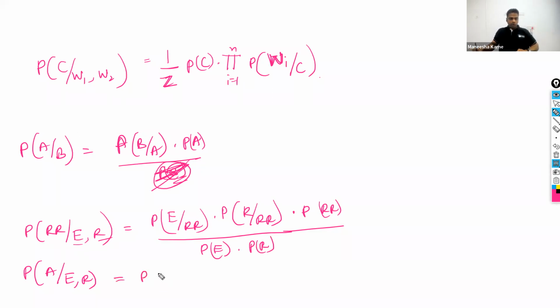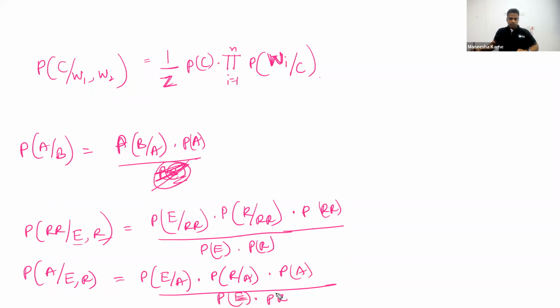Here, what will be the formula? Probability of extend given audit into probability of run out given audit into probability of the numerator, which is audit, divided by probability of extend into probability of run out. When you compare these two, they have the same denominator, so they get cancelled out. This is what we spoke.